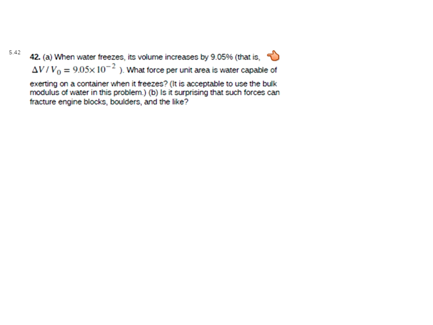So anyway, what force per unit area is water capable of exerting on a container when it freezes? And so you can use the bulk modulus. It is acceptable to use the bulk modulus of water for this problem. Kind of presumptuous there. We are going to use it. Okay, so we want to know what pressure.